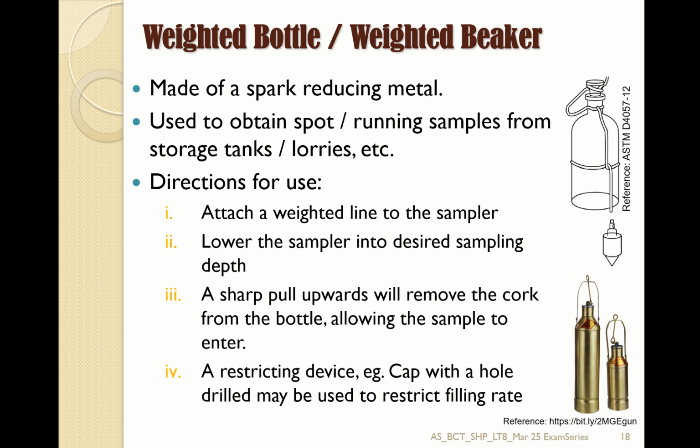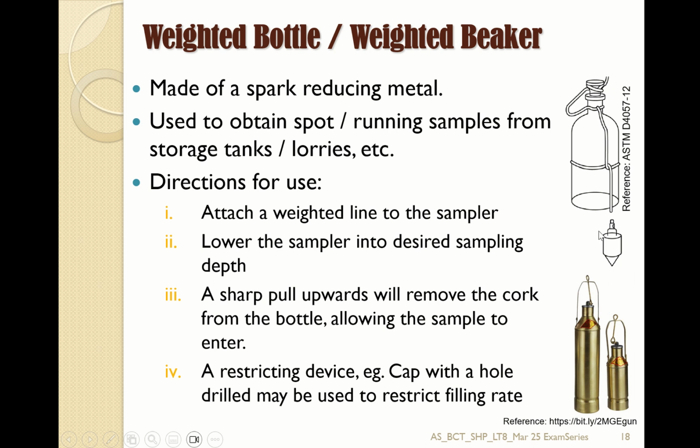You can also use a weighted bottle or beaker. This one you need some weight. This is an example here. Or if the bottle is a metal one, then there'll be some weight there already. If you use a glass one, you also need some weight there to make sure it can go down.